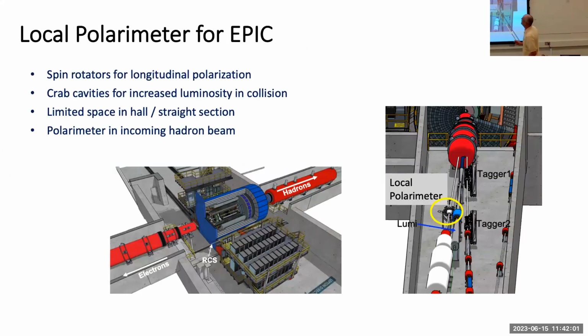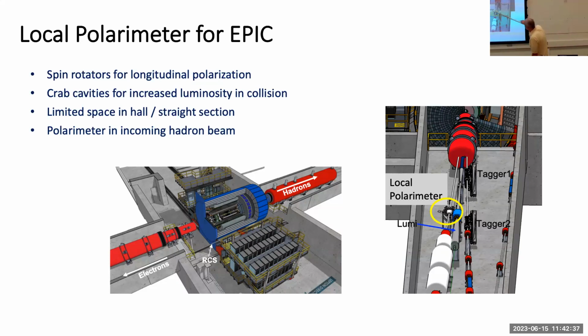And then the last one, just to show you a nice picture, is the local polarimetry, in this case for EPIC, which would be a separate setup. As you have probably all seen from John's talk, space around the interaction region is tight. We've got the detector, the D0 magnets and other things. We've got the rapid cycling synchrotron, forward and backward detectors, and you need to make sure that you have space to access your equipment.